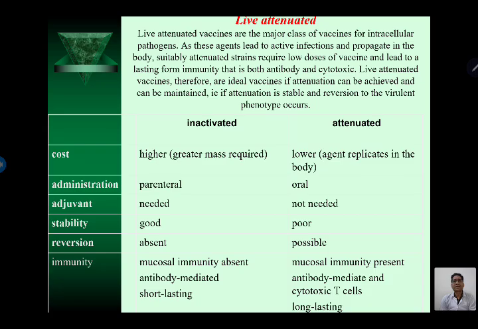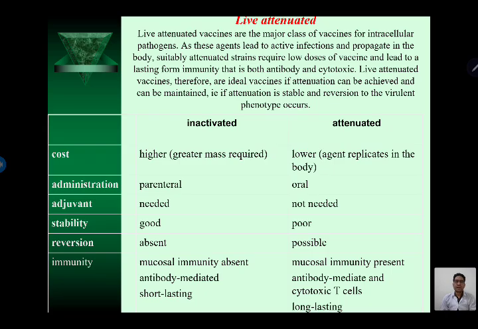So live attenuated vaccines are categorized into inactivated and attenuated. The cost of inactivated is higher, as greater mass is required. The attenuated cost is lower because the agent replicates in the body.